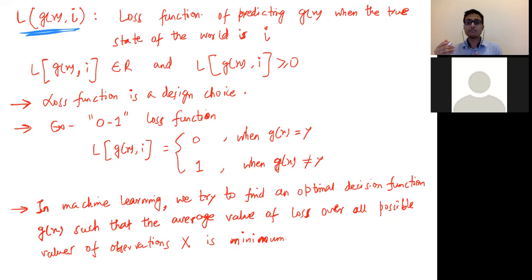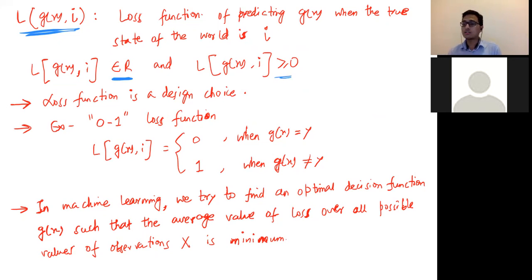If your decision g of x is very good and matches the true value, then the loss is very small or maybe zero. And if the prediction or decision is very bad, very far from the true state of the world i, then the loss is very high. Generally the loss function is a real number, and it's non-negative. It takes either zero or positive values.